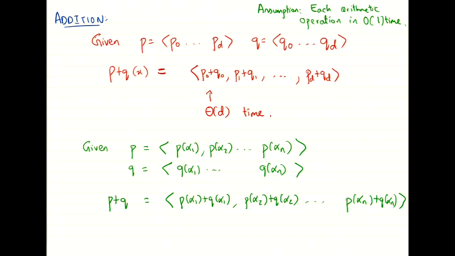Now let's look at the sum polynomial, P plus Q of x. What is its value at 1, 2, and n? The value of P plus Q at 1 is P of 1 plus Q of 1. So just adding the evaluations corresponds to the evaluation of the sum of the two polynomials.